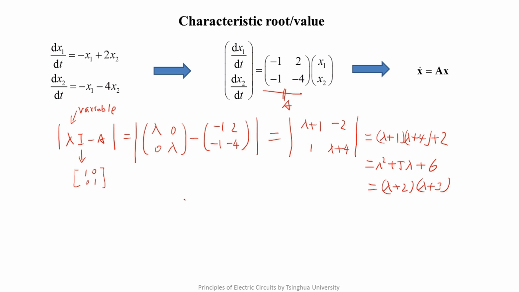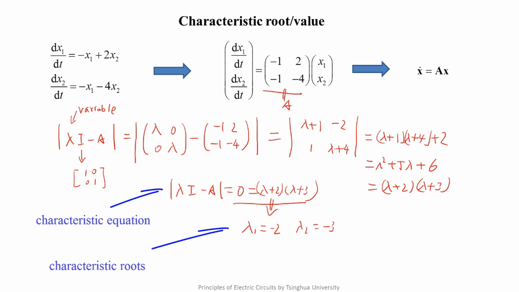By letting it equal 0, we can get the value of lambda. Lambda 1 equals minus 2, and lambda 2 equals minus 3. They are called the characteristic roots of the matrix.